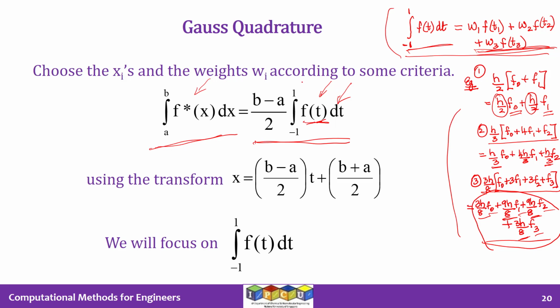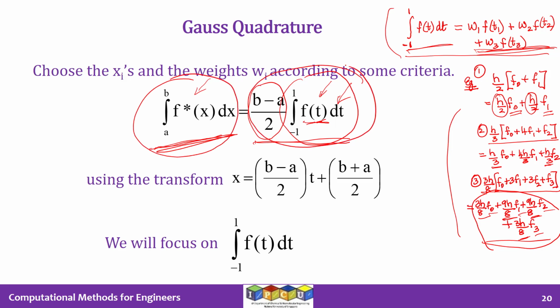And then this integral can be multiplied by b minus a by 2 to get the original integration answer. So this integration is going to be exactly the same as this integration. That's how they have set up the problem. So in the answer, there will be no distortion. But the way we do it is interesting and clever.